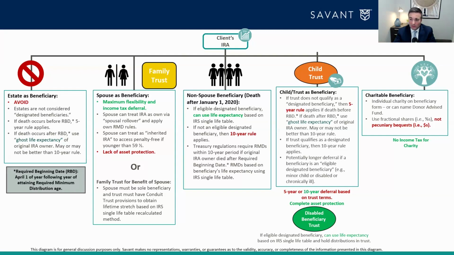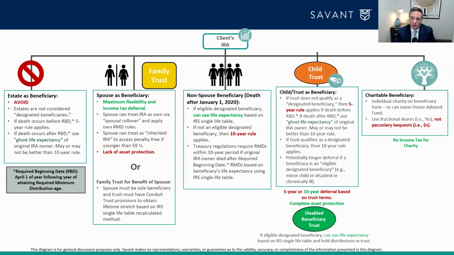Just reiterating something you said, on the left-hand side, the other extreme, and Mike, I think you did a great job pointing this out. If you fail to name a beneficiary on your beneficiary form, oftentimes your estate becomes the default beneficiary. And as Mike said, that can have pretty negative income tax implications for your ultimate beneficiaries.